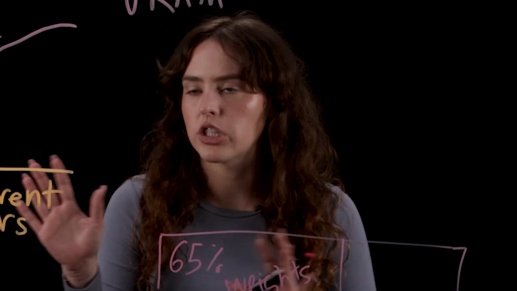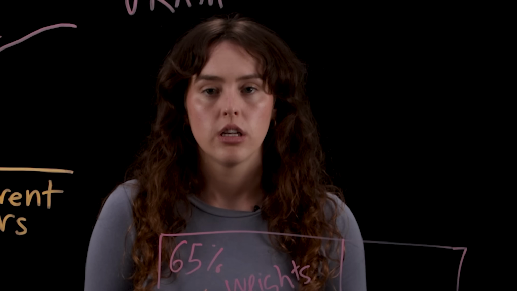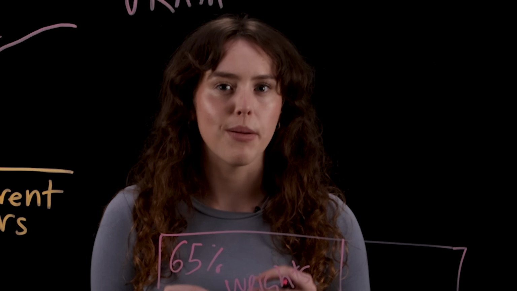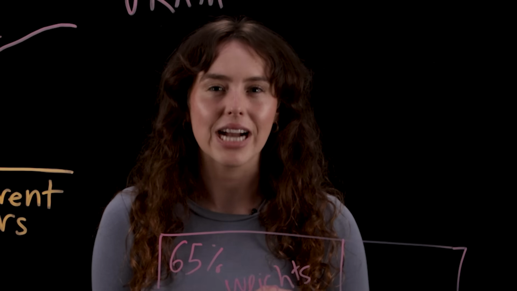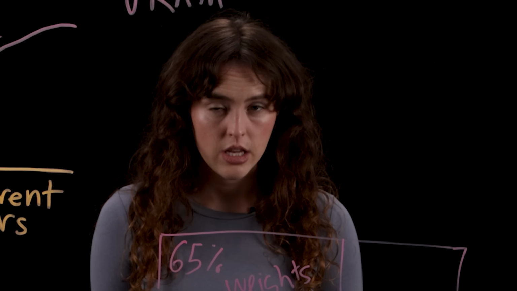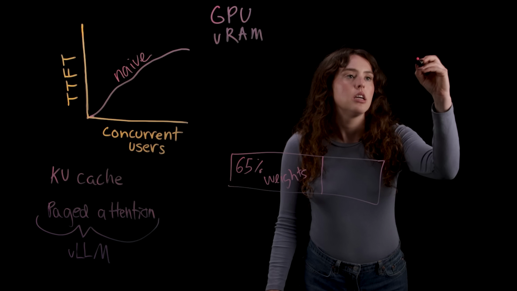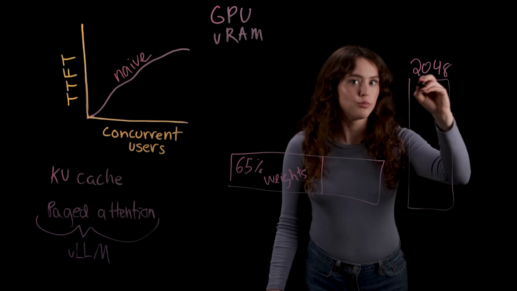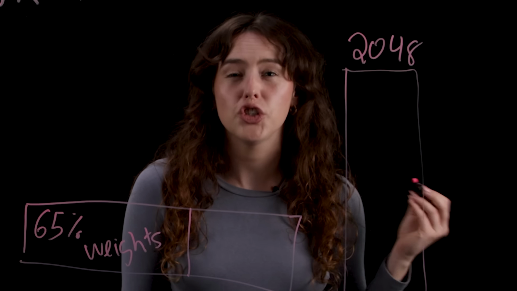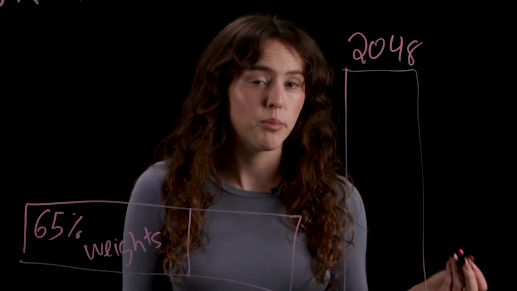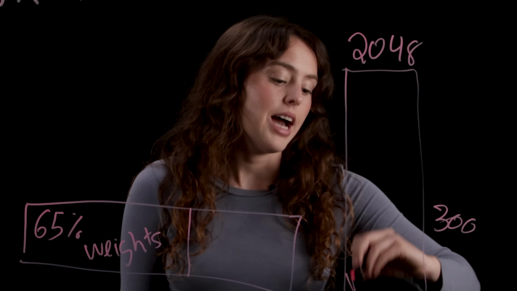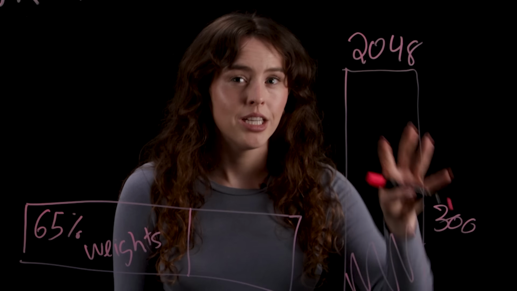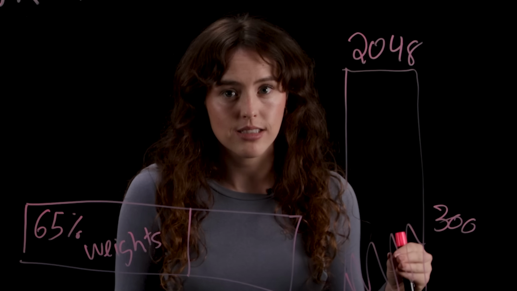And here's where this traditional system starts to fall apart. They pre-allocate a fixed, contiguous block of memory for each request based on the maximum possible output length. So if your max context is 2,048 tokens, but the average user sends in 200 tokens and gets 300 back, that's 1,500 tokens of reserved memory just sitting empty per request.